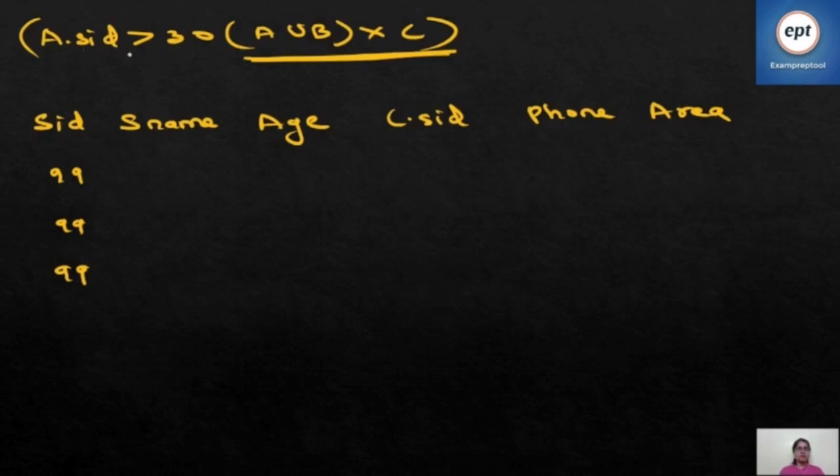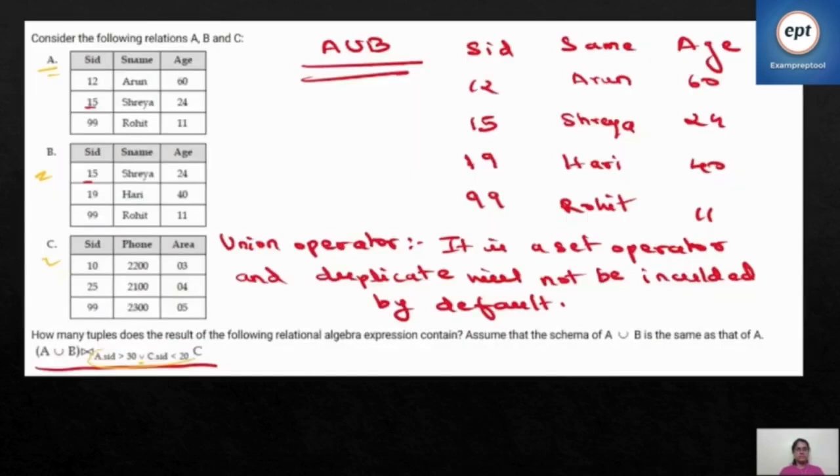If SID is greater than 30, then we will consider the tuple. So here 10 and 12, SID is not greater, so we will not take this. Then 12 and 25, definitely not greater, so we will not consider this. Then 99 and 12, it is not greater, so we are not taking this also.